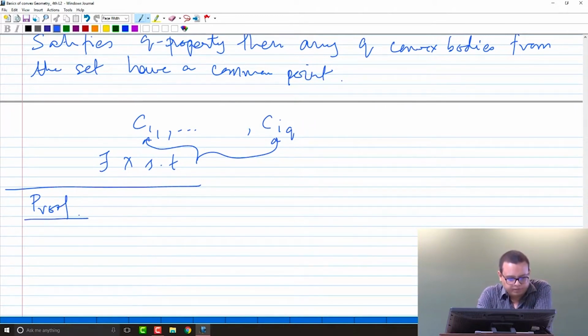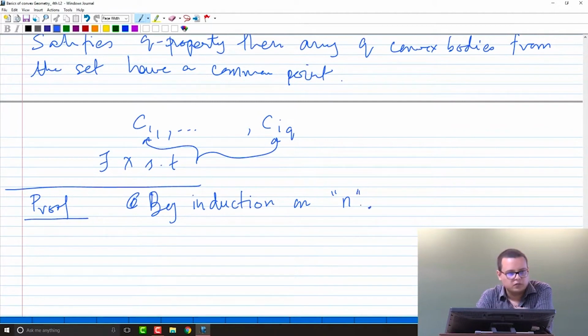Okay. So, let us say we will prove it by induction on n. What is the base case? Everyone knows how to work with inductions. N equals d plus 1, right? The condition was that n has to be greater than or equal to d plus 1. For n equal to d plus 1, do I have to prove anything?